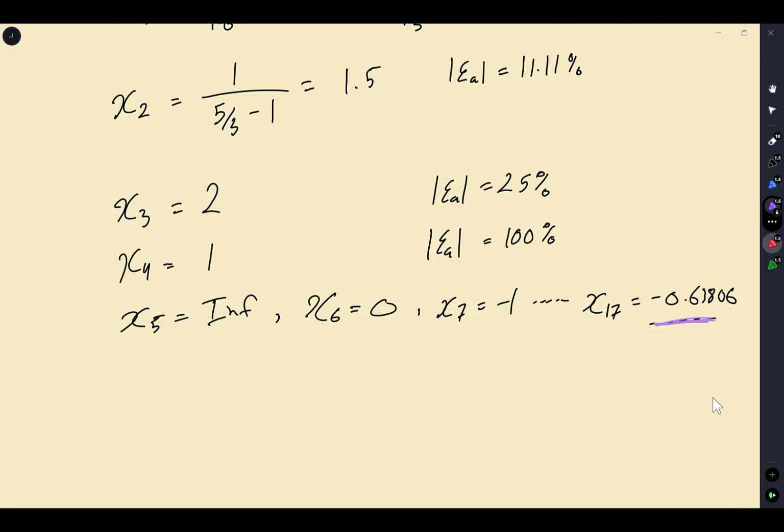So let's note here, if we kept going, as we see here, it converges to another root, which is what we see here on the negative side.